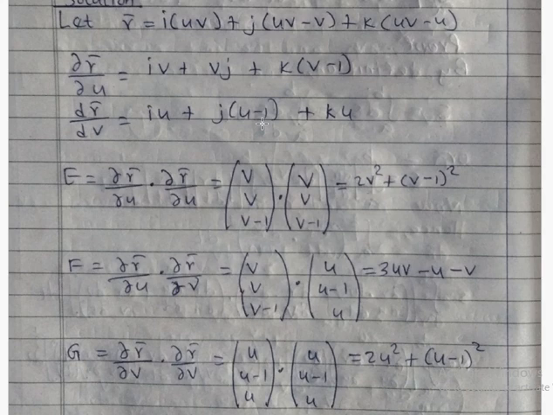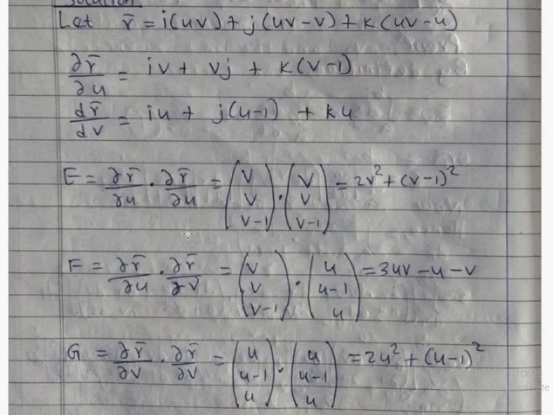So we have the partial derivative of r with respect to u, and we also have the partial derivative of r with respect to v. So E, we said, is partial r partial u dot partial r partial u, which is the dot product of the column vector for partial r partial u with itself.